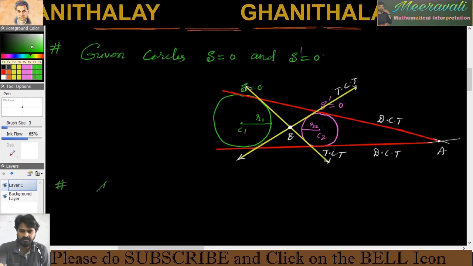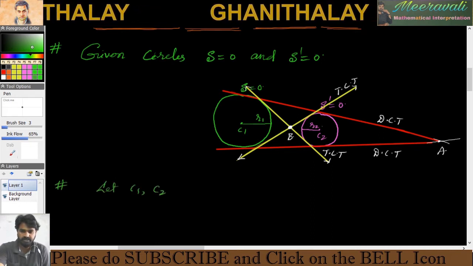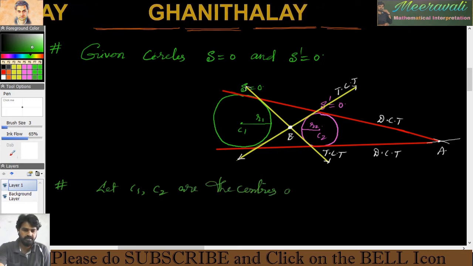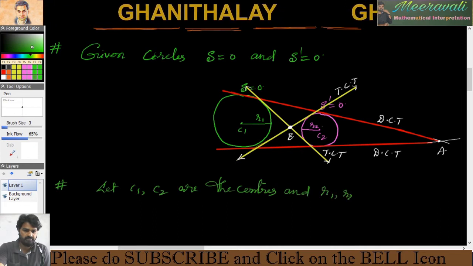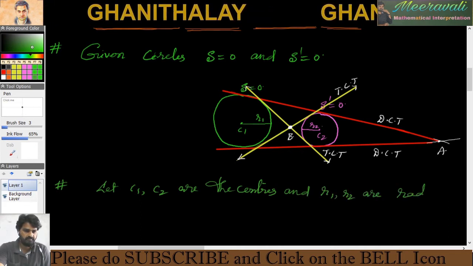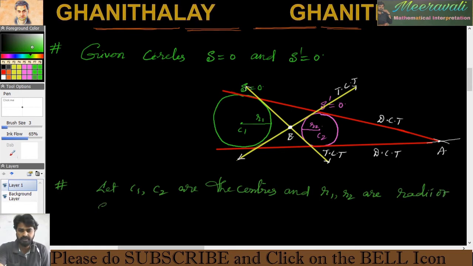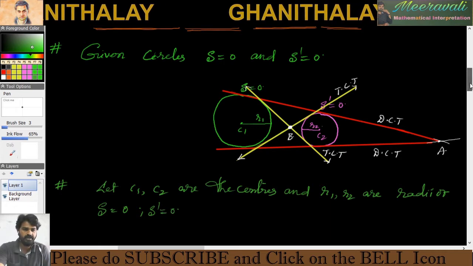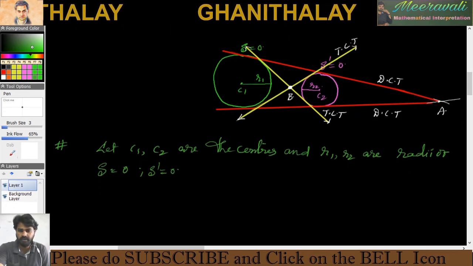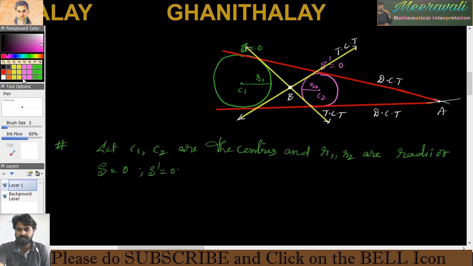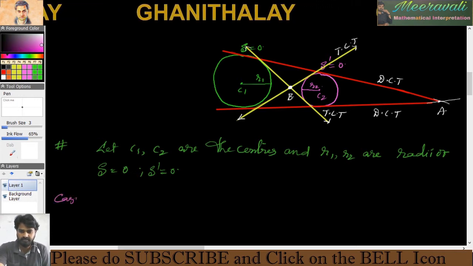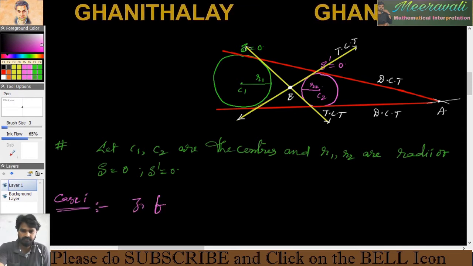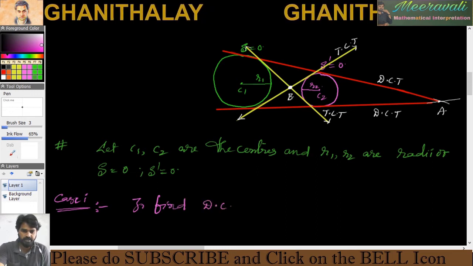Let C1, C2 be the centers and R1, R2 be the radii of the two circles S equal to 0 and S dash equal to 0. First you have to find them. After finding them, if you are going to find the direct common tangents, the procedure is: case 1, to find direct common tangents.